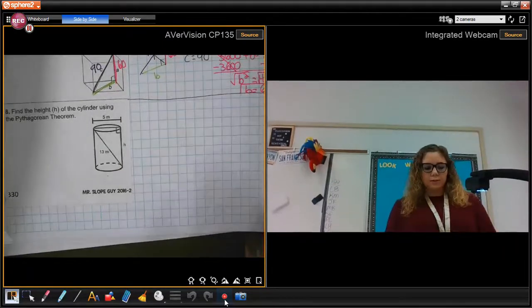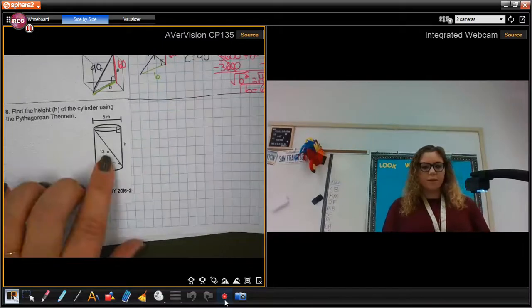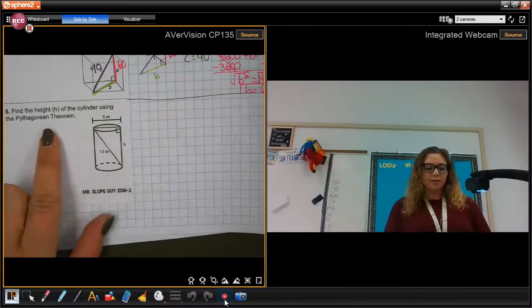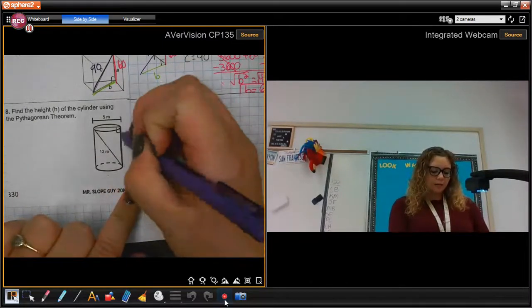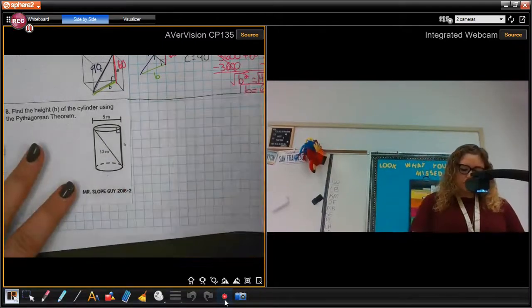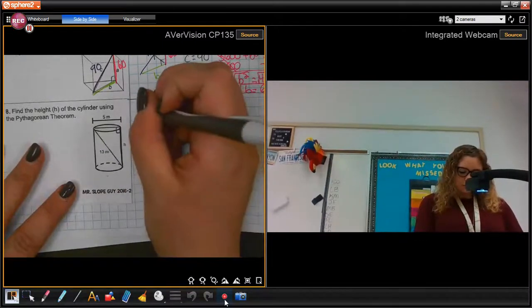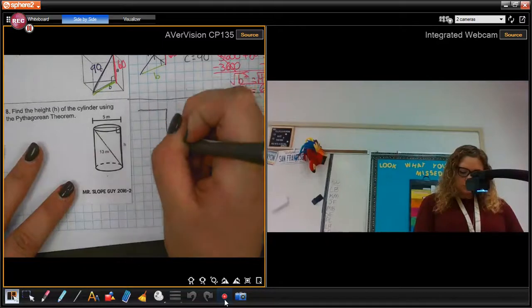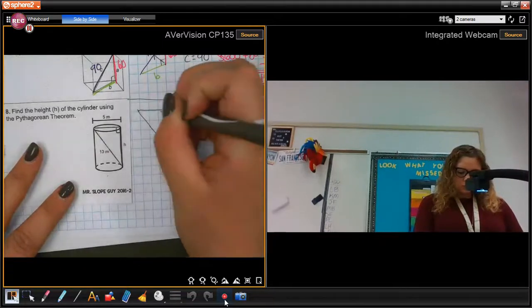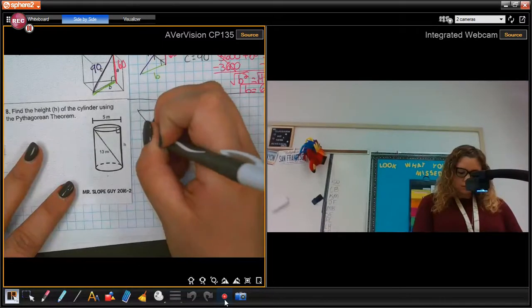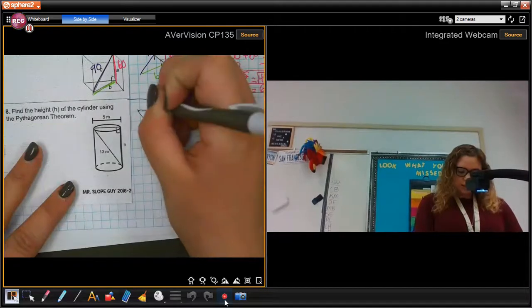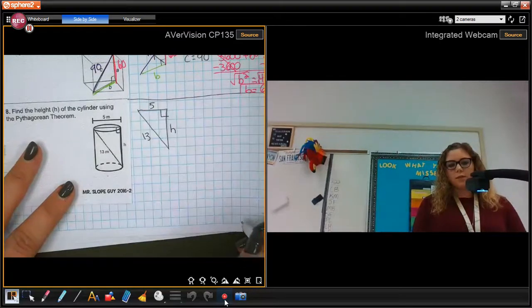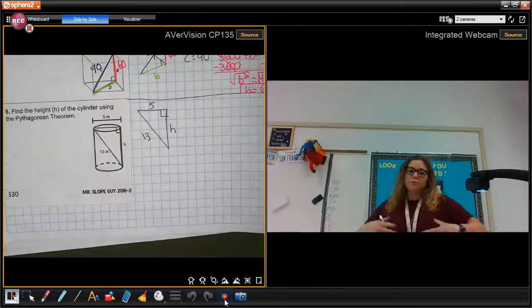Let's look at this one. So this time they already give us values and they want us to find how high it is. Okay, so I'm going to redraw this exactly like it says. Okay, so we have a right triangle, missing length.